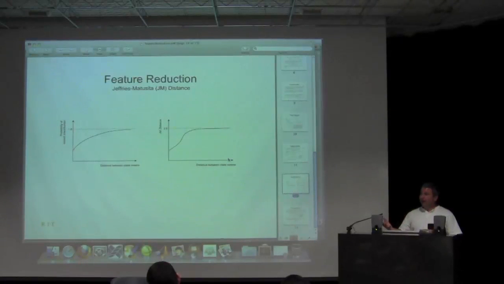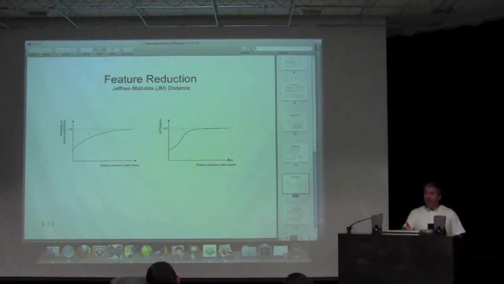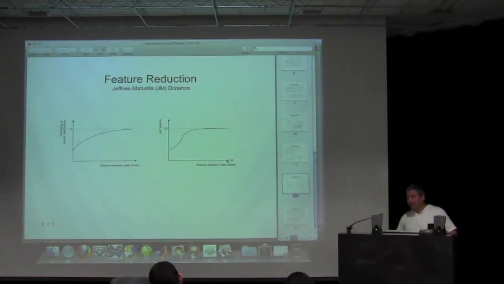And you can say, with the current ROIs that I have, am I going to get good separability? So what do you want here? Well, you want an average JM distance that approaches 2. If you have an average JM distance that is about 1, then you're probably not going to get good separation, and the quality of your classifier with the bands and the features that you've selected is not going to work all that well. You want to drive that JM distance up to be close to 2, if at all possible.